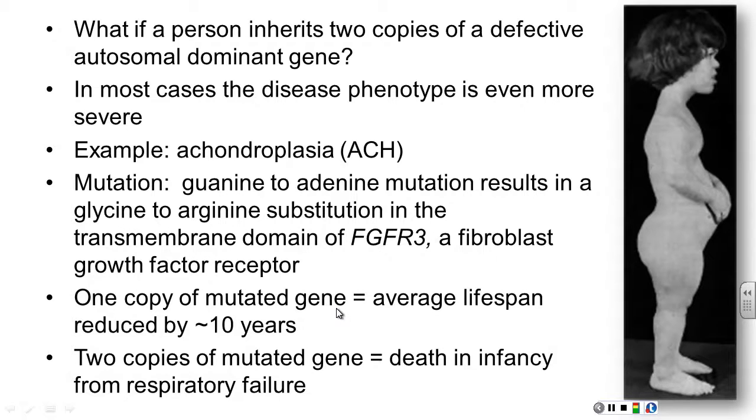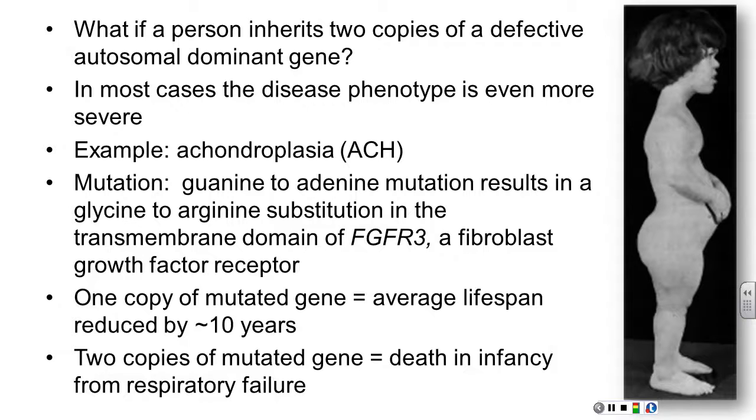But in people who have achondroplasia, there are health issues associated with it, such that the average lifespan of an individual with achondroplasia is reduced by about 10 years. They can certainly live as long as a normal person, but overall, when you average it out, it's reduced by about 10 years because of some of the complications. But that's compatible with a relatively normal life.